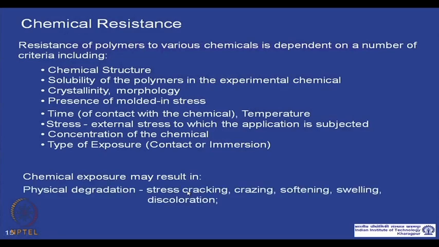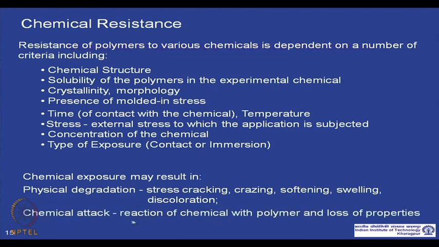Chemical exposure may result in physical degradation, stress cracking, crazing, swelling, discoloration, so many things can happen, and it can also cause chemical attack and bring down the molecular weight, and if you decrease the molecular weight, obviously there will be loss of a lot of properties including mechanical properties, thermal properties and so on.